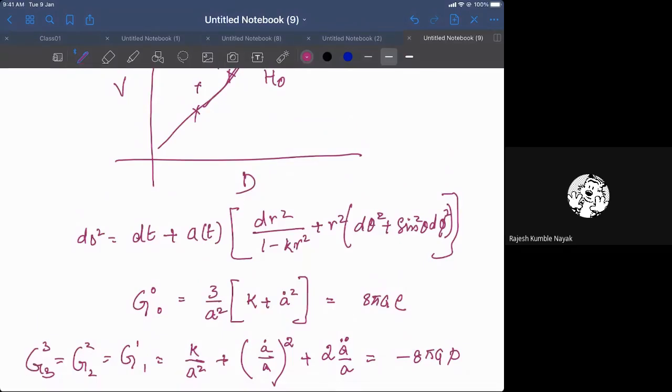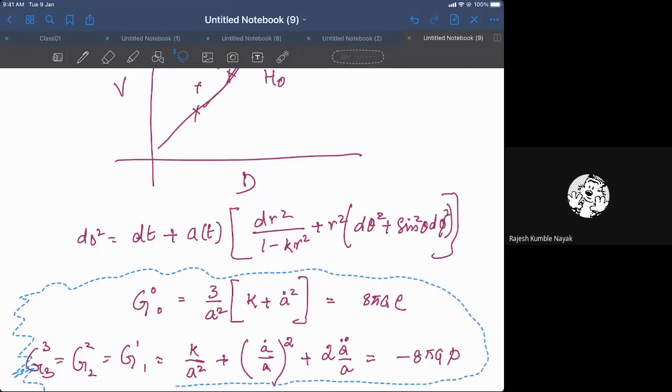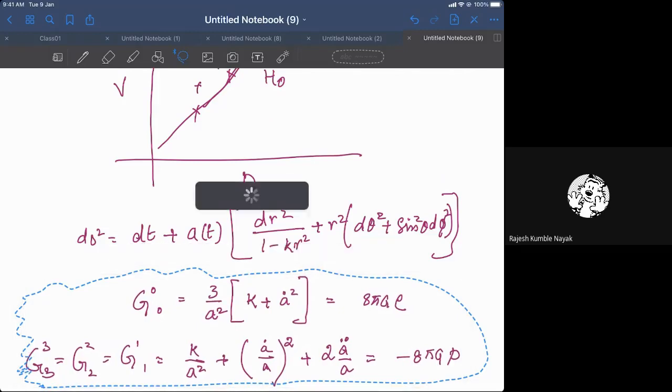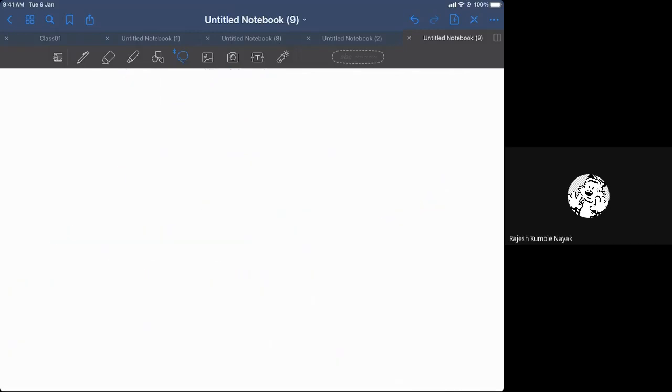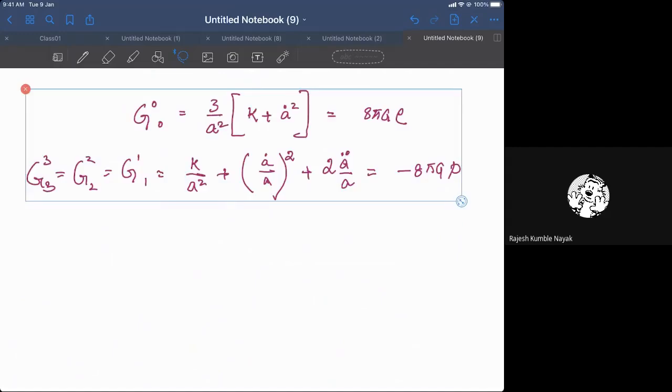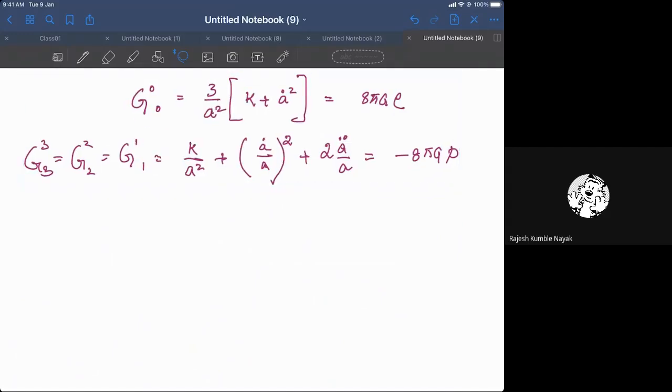So let's look at this a little more carefully. There is not enough space here, so let's simply pinch it off. Okay, these two equations.